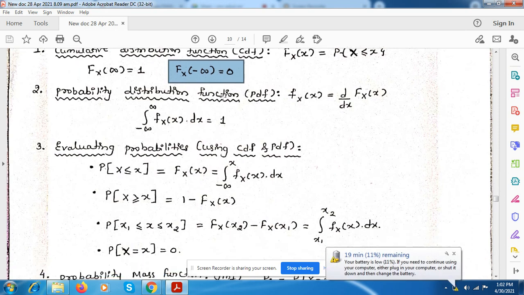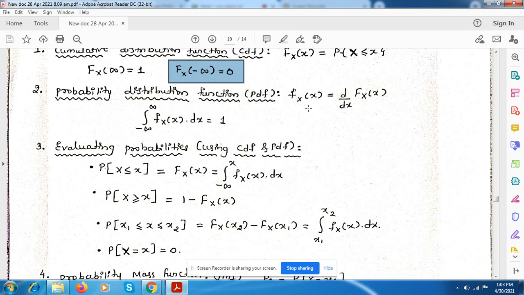So then we have the probability density function, f x of x. We all know that the PDF is the differentiation of the CDF value. So f x of x is nothing but d by dx of F x of x, that is the capital F x of x, which means the CDF value.